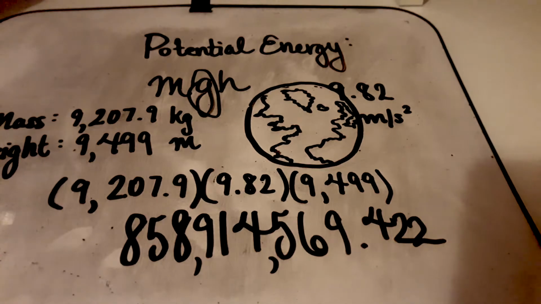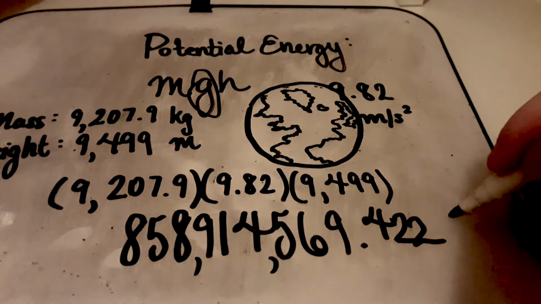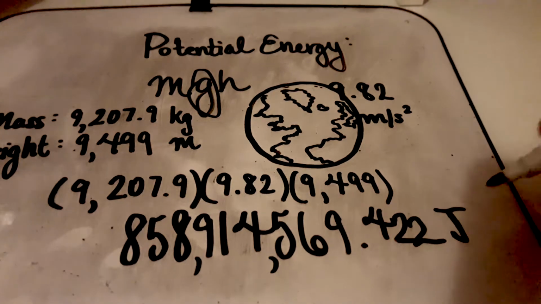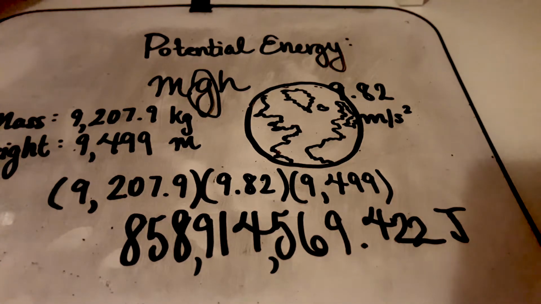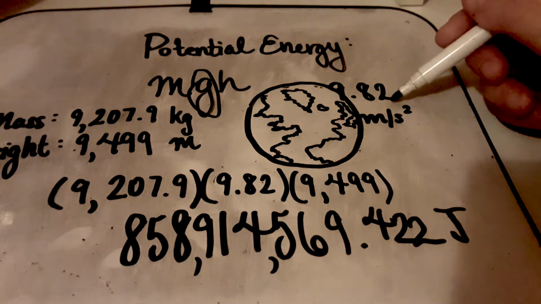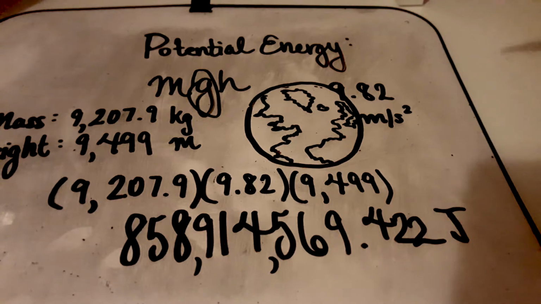That is millions, eh? And don't forget to put the joule sign at the end, and that is the answer for the potential energy that this plane has on Earth, because it's specifically due to gravity on Earth. I don't know about the other planets though.